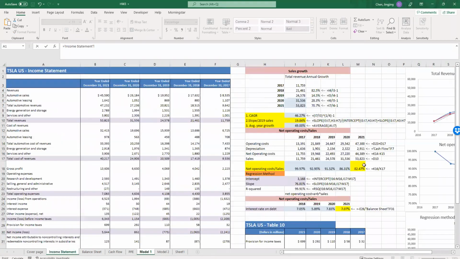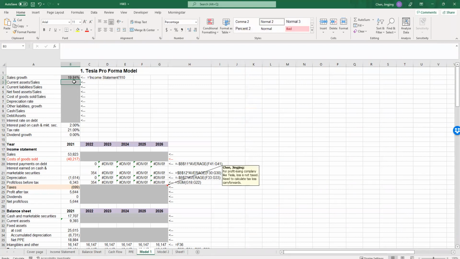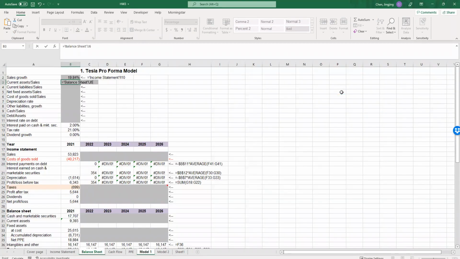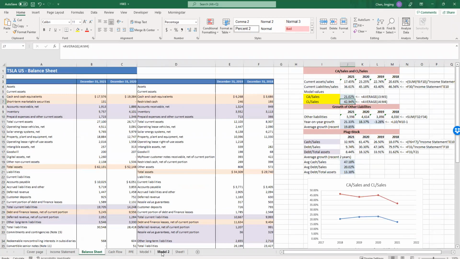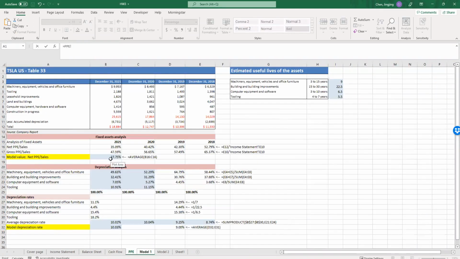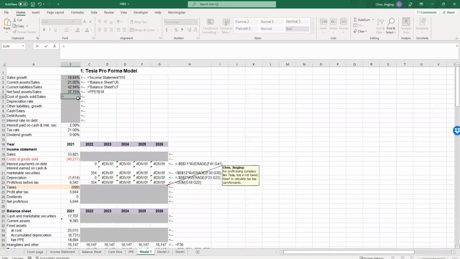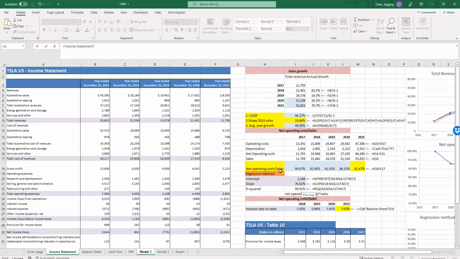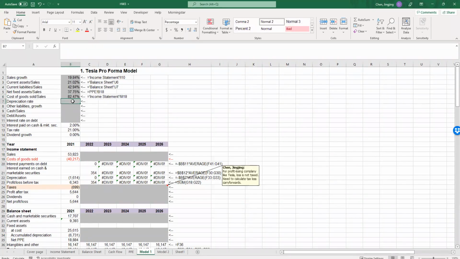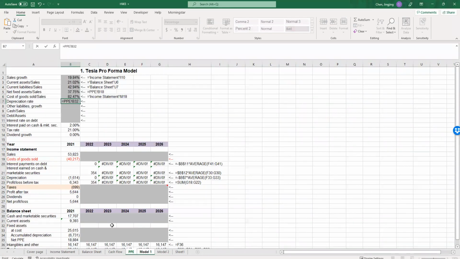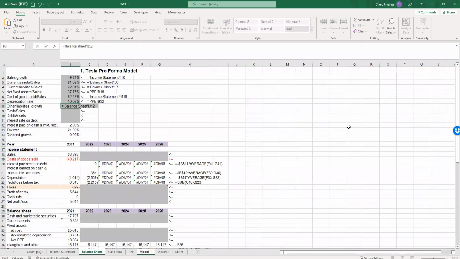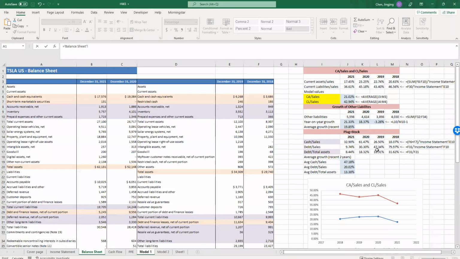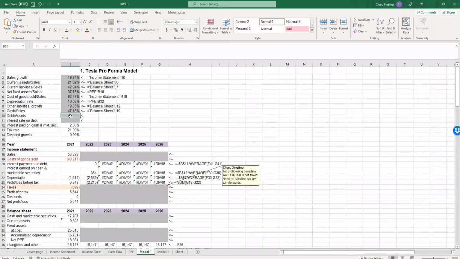For sales, it equals to here. For current assets over sales, J6, J7, J6, J7, net fixed assets over sales, cost of goods over sales, depreciation rate, growth of other liability, cash over sales, debt over sales.